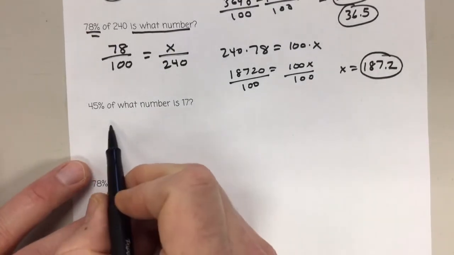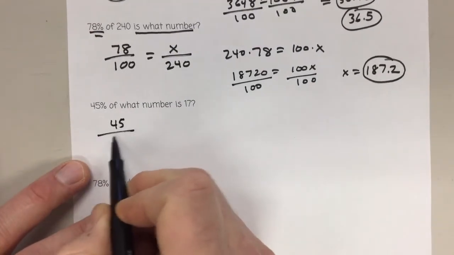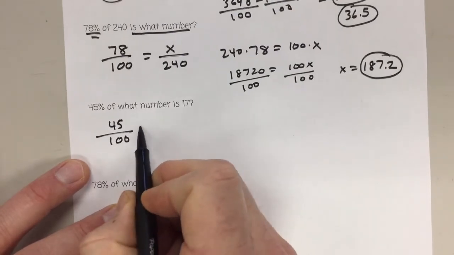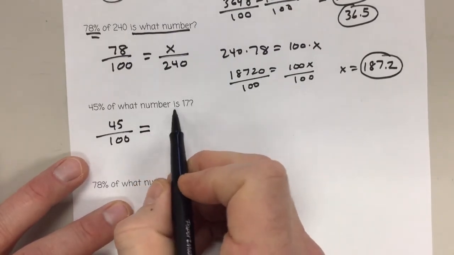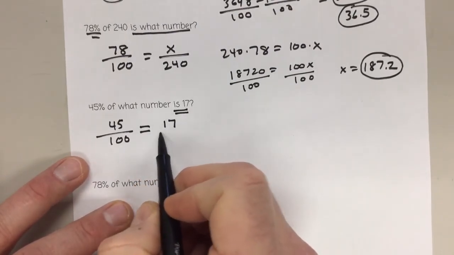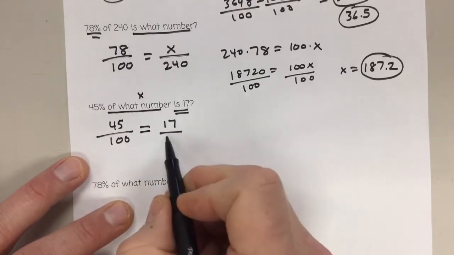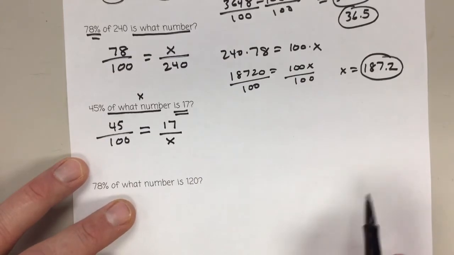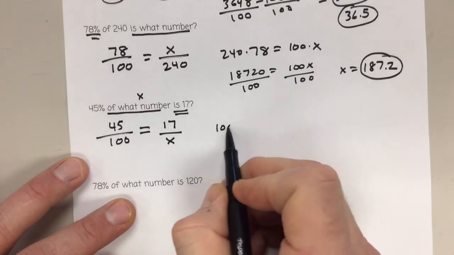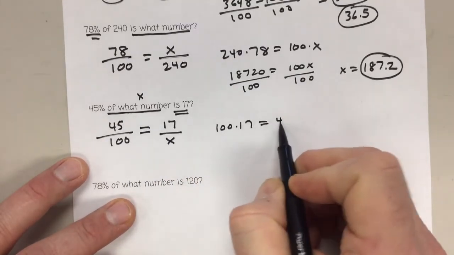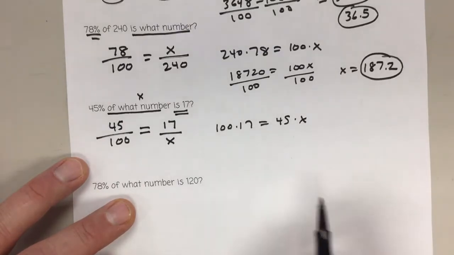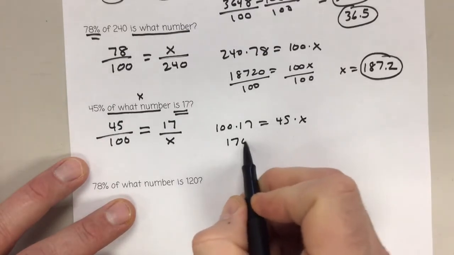Okay, here's another one. 45%, so it's out of 100, equals, now this time the "is" is a number, 17, and the "of" is the x. So 100 times 17 equals 45 times x. Now 100 times 17 is 1700.